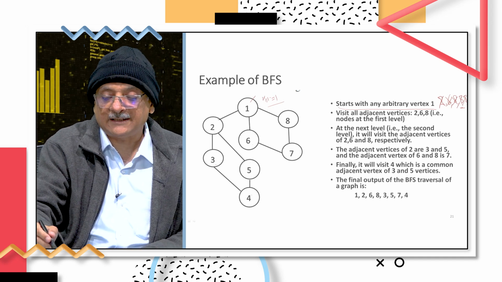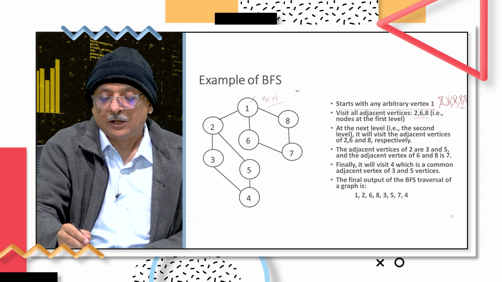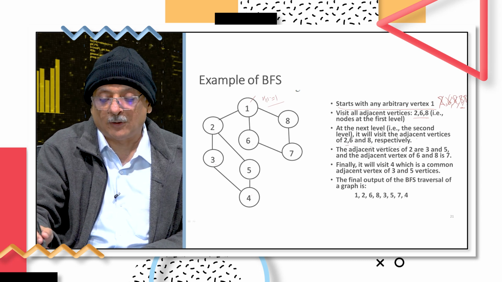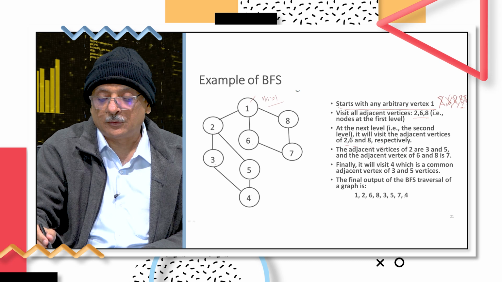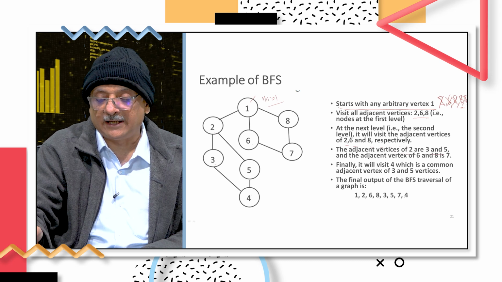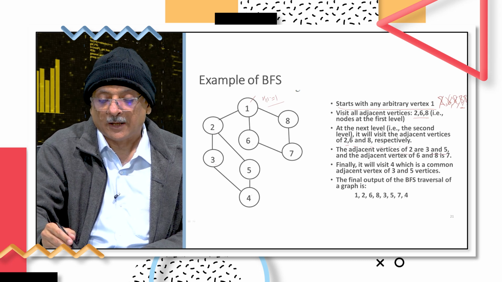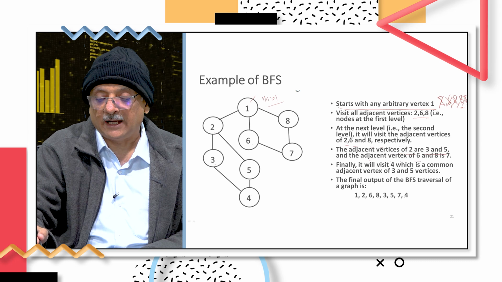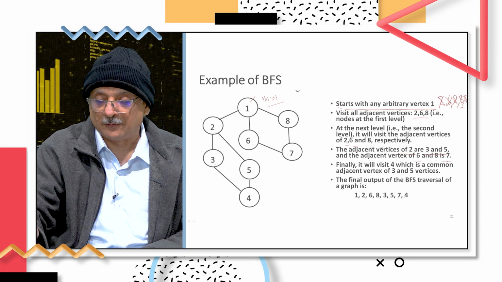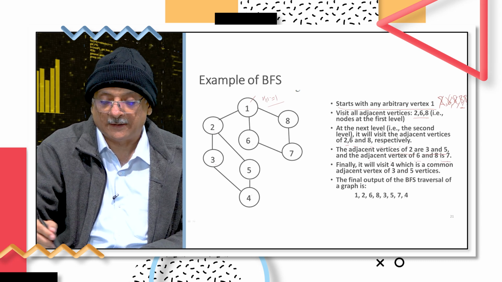So then at the next level, what you see after 1 is 2, 6 and 8 respectively. What are the next nodes? Adjacent to 2 are 3 and 5, which we inserted, and adjacent to 6 and 8 is 7. So that is what we also inserted.